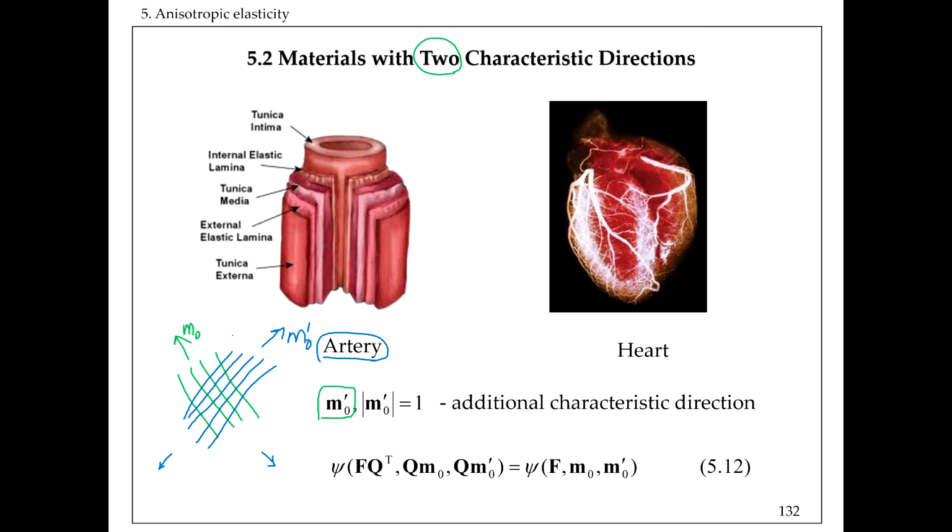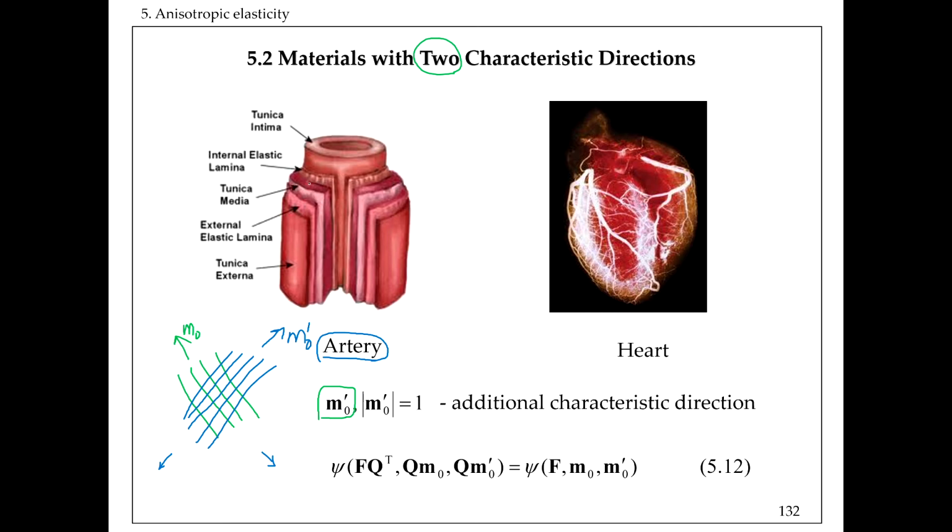But the structural material that actually has elasticity can be approximated as having fibers that reinforce the matrix, and they can be considered as having two preferable directions. This is, of course, an approximation.